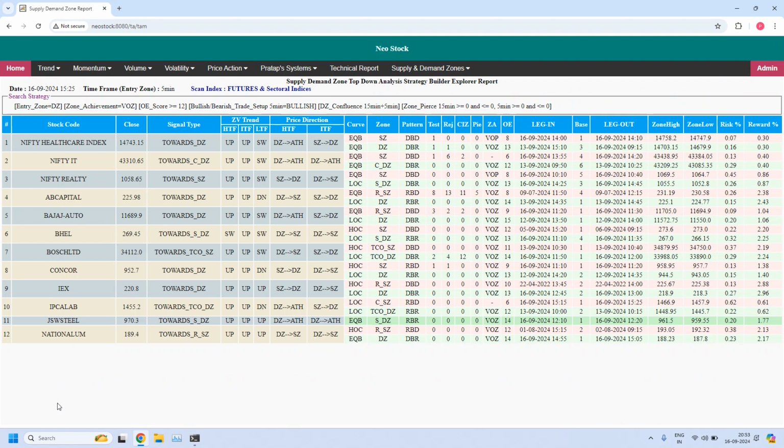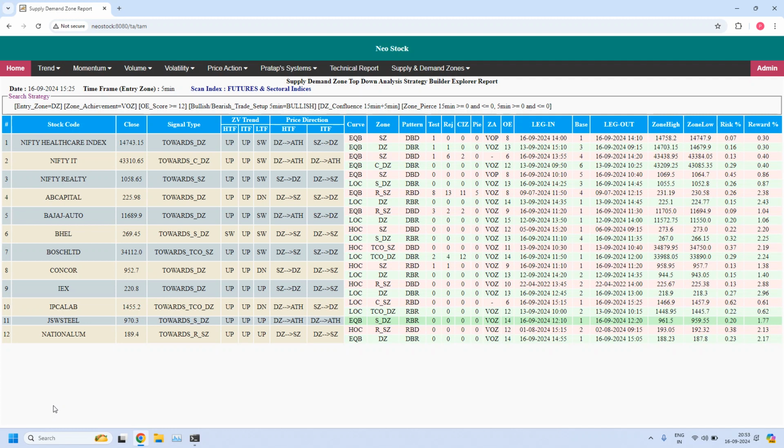So all 12 are having 5 minute zones part of 15, and the 15 minute zones are also not pierced. So they are supporting bullish trade setup for hourly income trade. So long opportunities you will get. If they are violated, you may get TCO opportunities, trend change horizon.